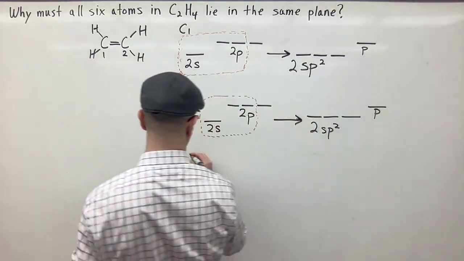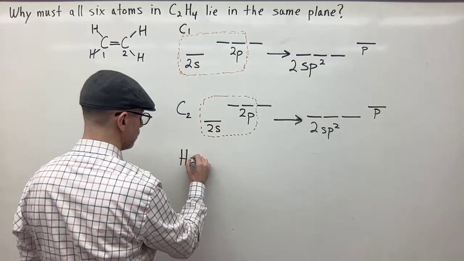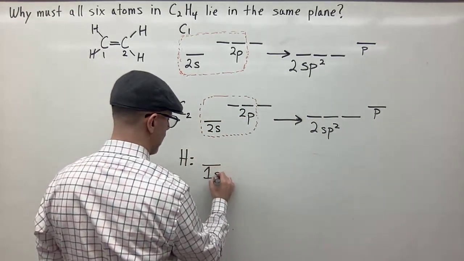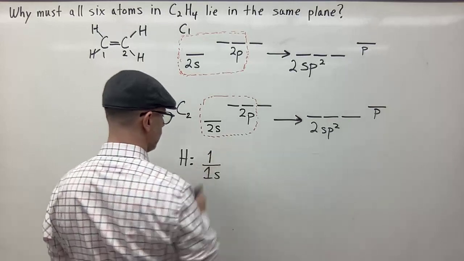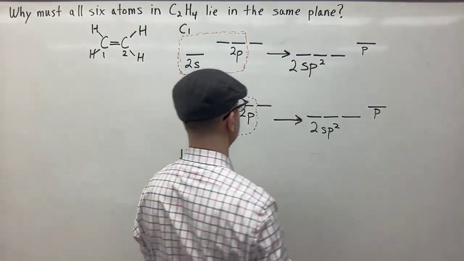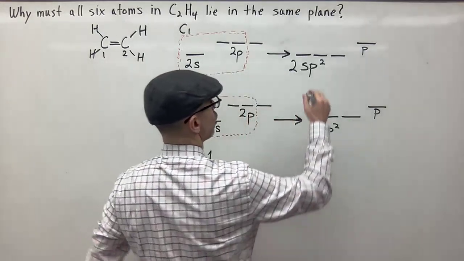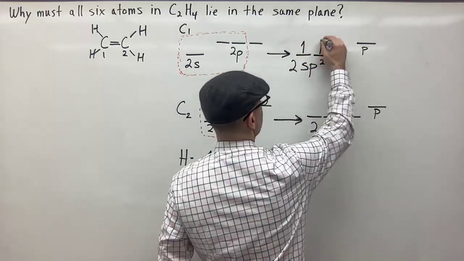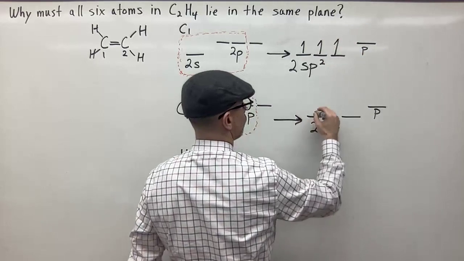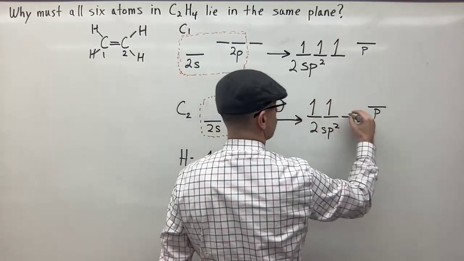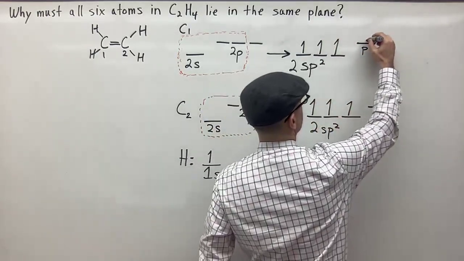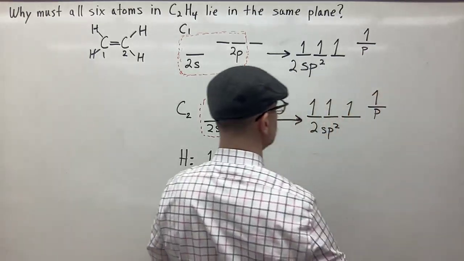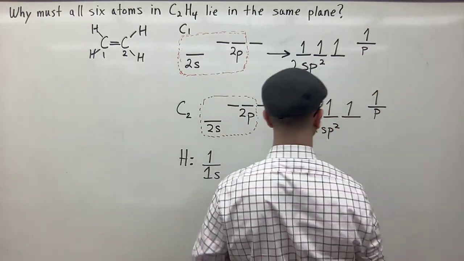Each hydrogen just has an unhybridized 1s orbital with one electron in it. And so in this case, according to valence bond theory, each of these is going to have one electron, and the fourth electron goes into the p orbital, like so.